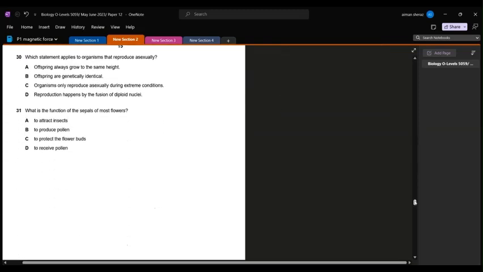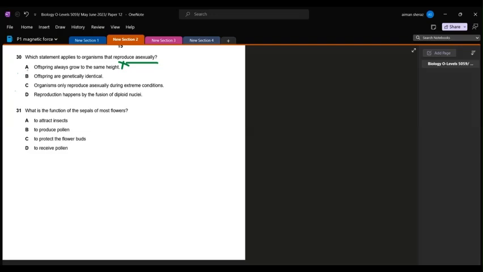Question number 30. Which statement applies to organisms that reproduce asexually? Option A, offspring always grow to the same height. That's not necessary because environmental factors play a role too, such as nitrate ions, magnesium, or the exposure to light. So, it's not necessary. They are genetically identical.